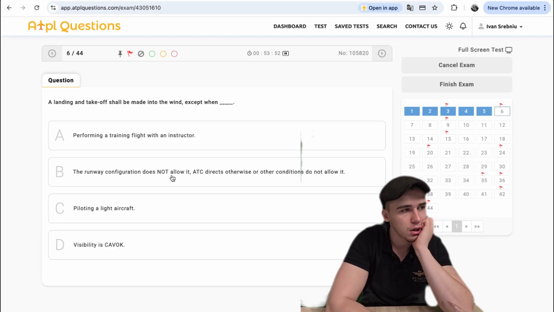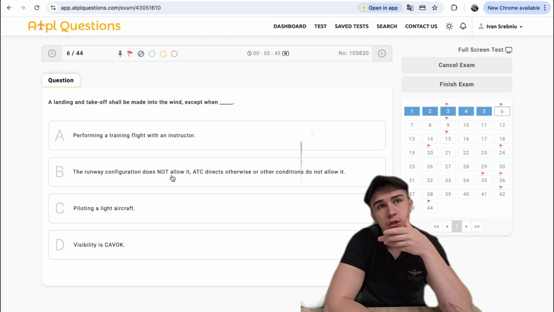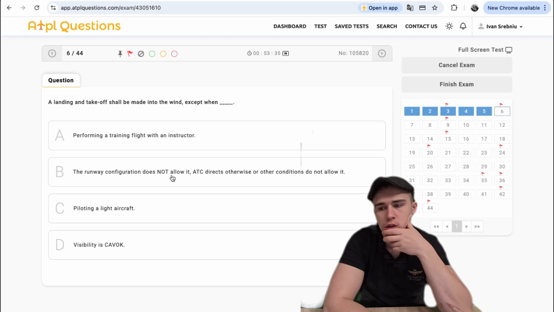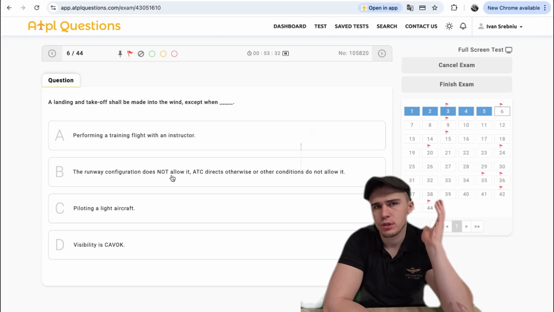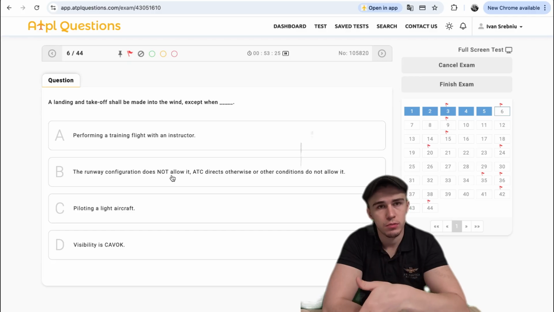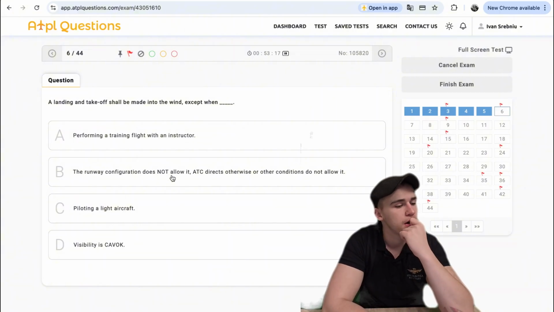For example, it can be if we have runway 33 and runway 5, and for example runway 5 is closed due to works on the aerodrome, due to friction, due to whatever we can see. If it's safer to fly from 33, we will fly from 33 because safety first. Remember it, please. And watch till the end.